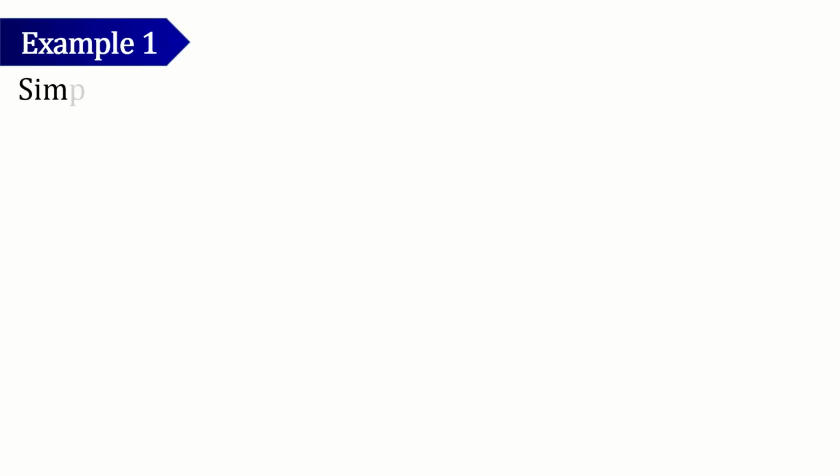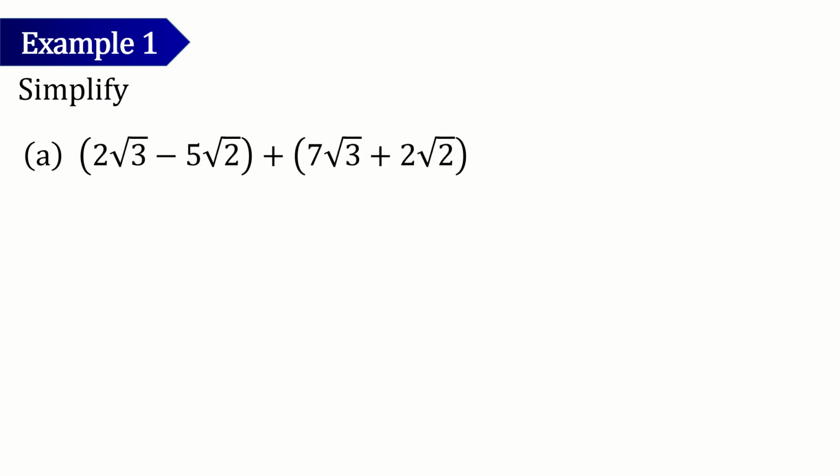For example 1, simplify. The first question is we want to simplify 2 surd 3 minus 5 surd 2 plus 7 surd 3 plus 2 surd 2. For this question, first we can open the bracket, and then we can regroup the same base, putting the terms with surd 3 together and surd 2 together.